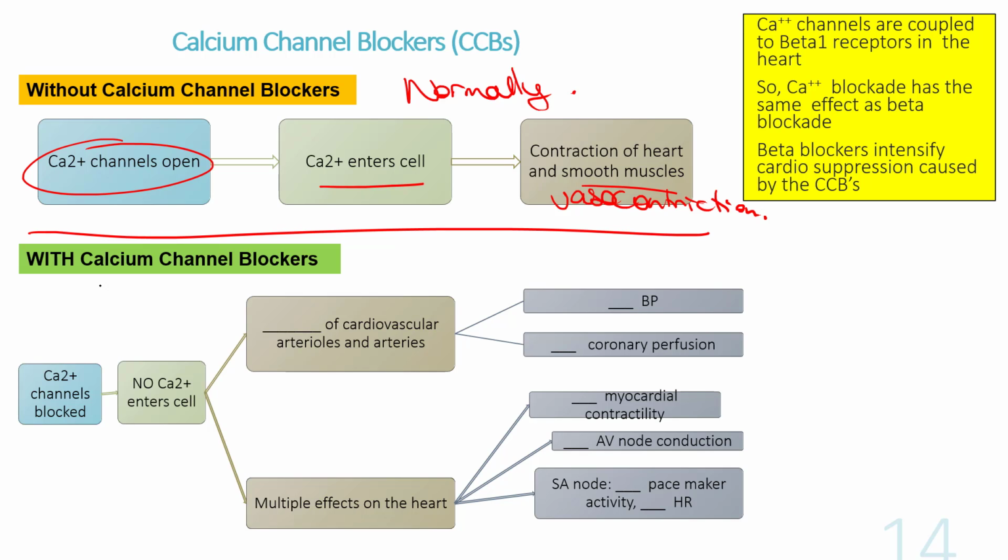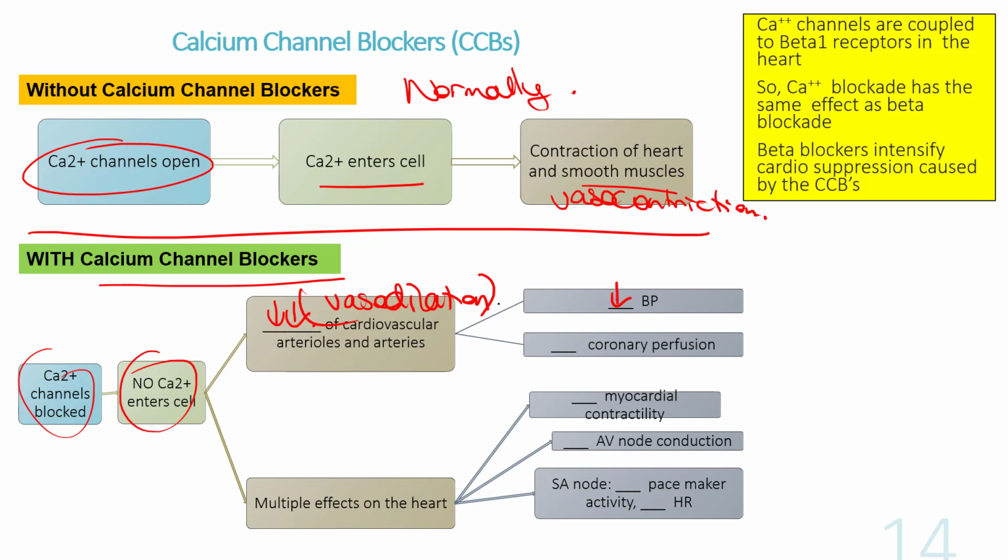Now, in the presence of calcium channel blockers, calcium doesn't enter into the cell, and so it reduces its effect on cardiovascular arterioles and arteries. So it causes vasodilation, and that means blood pressure drops.